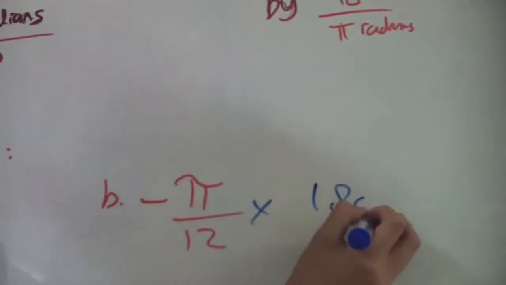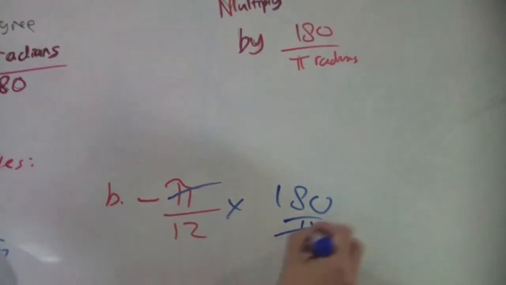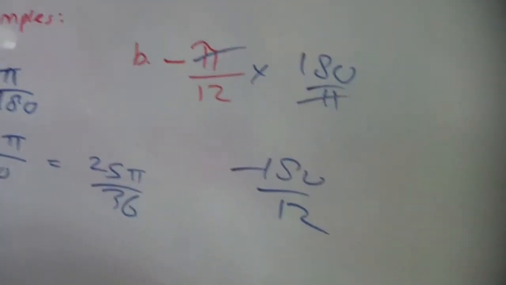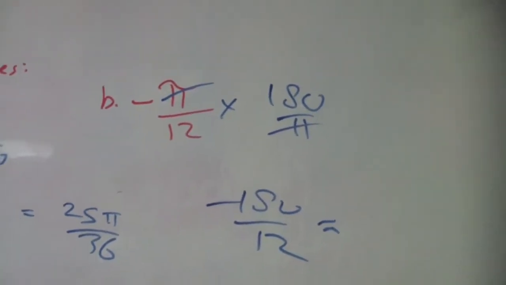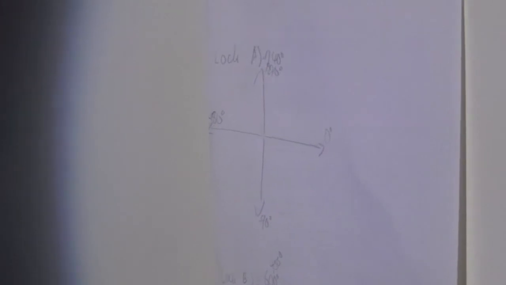So times it by 180 over pi. So this cancels out. So it becomes 180 over 12. And you just have to simplify that. So yeah, it becomes 15 degrees.